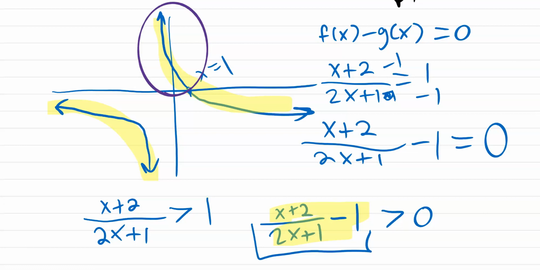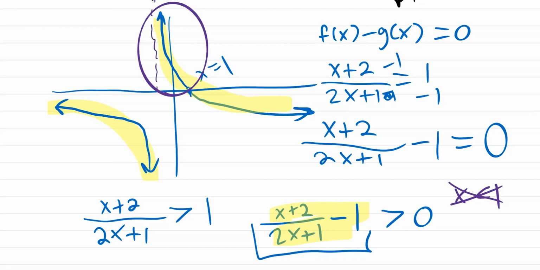If I just solved this, you would end up getting x is less than 1, which is actually a lie because all down here, that's not part of our solution, is it? So this is where the algebra actually ends up being wrong. And we have to use the graph to help us understand this solution works starting at 1 and to the left, but it stops right here. Where does it stop?